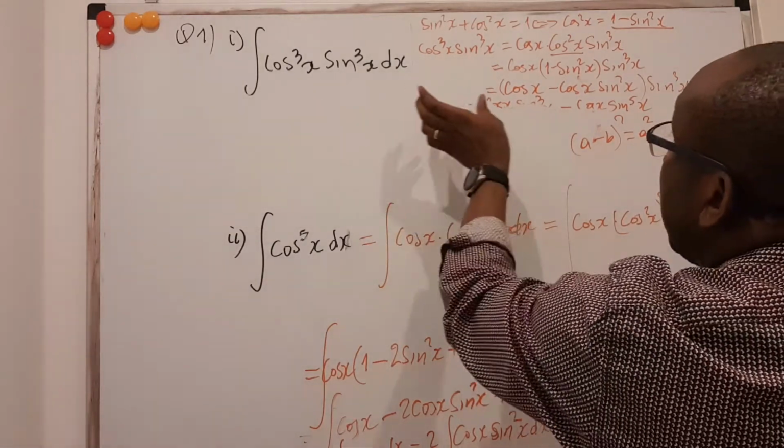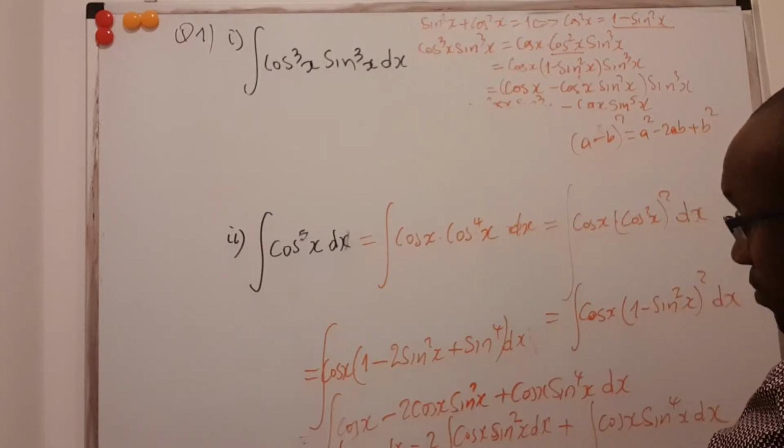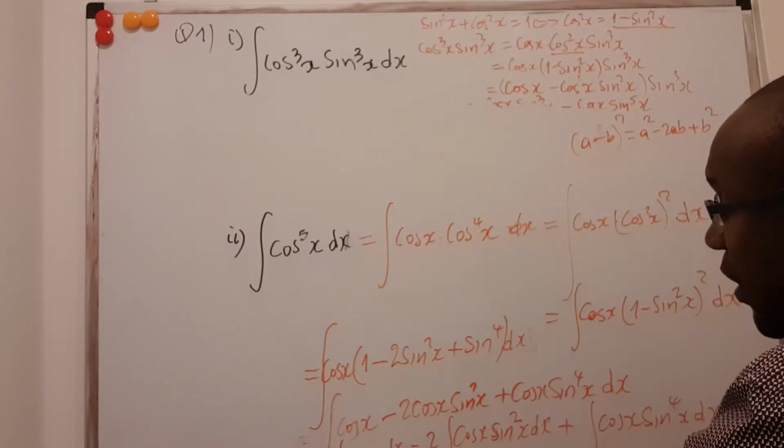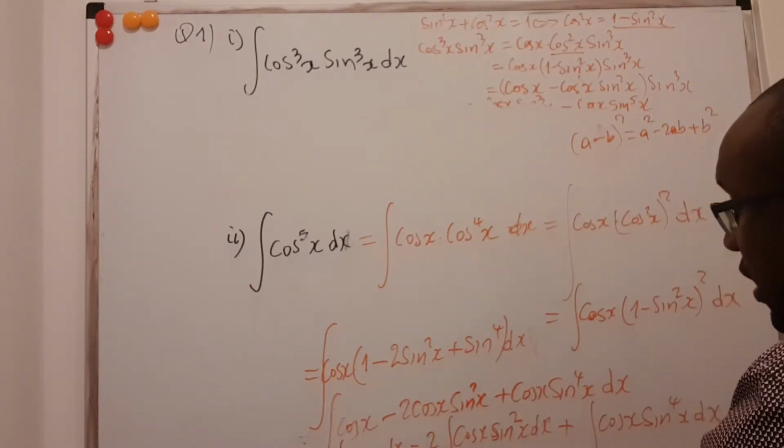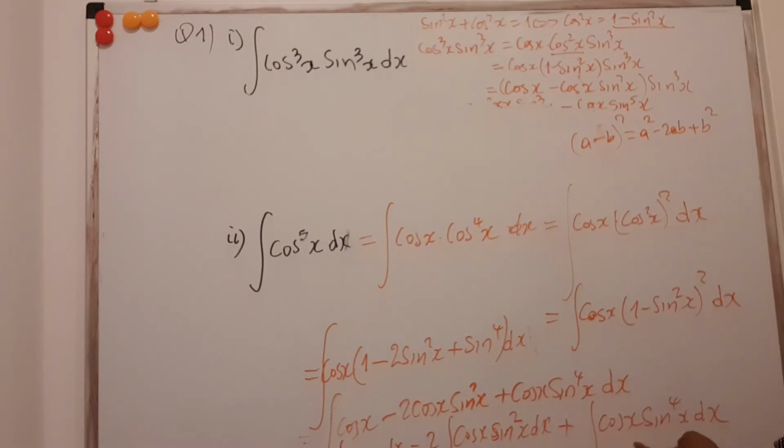We are back to the form that we had fixed this into. So by the rule, this is simply going to be sine x here, minus 2 sine x to the power 3 divided by 3, plus sine to the fifth divided by 5 and a constant.